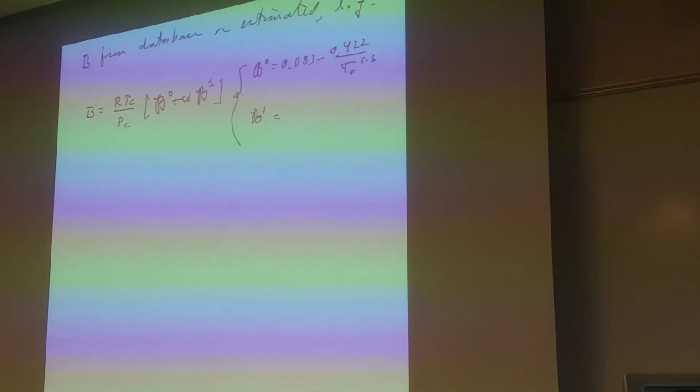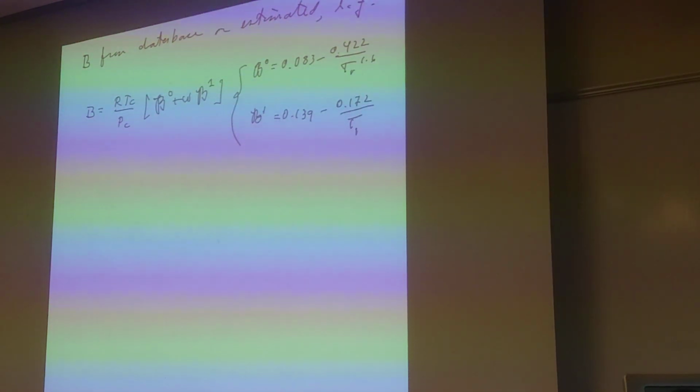And B1 is 0.139 minus 0.172 over TR with an exponent of 4.2. We've seen this before, so you've got that. But that's our access to B, so if we have that in one form or another, we should be able to evaluate the fugacity.